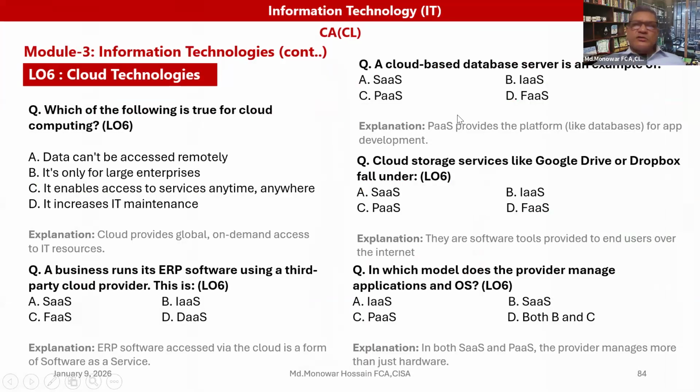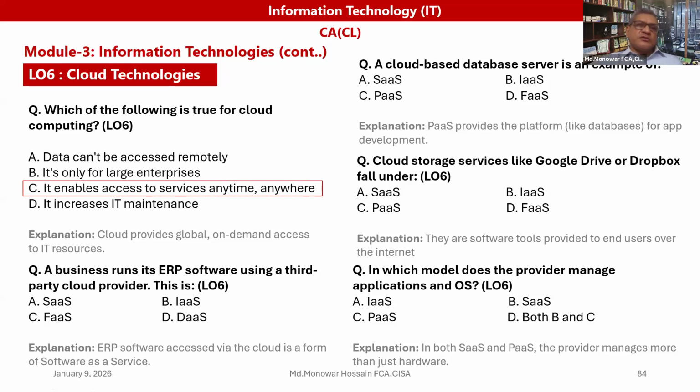Now, based on our discussion of cloud computing, here are a few MCQs. Look here. Which of the following is true for cloud computing? Within the four sentences, which one is true? Cloud computing enables access to services anytime, anywhere.